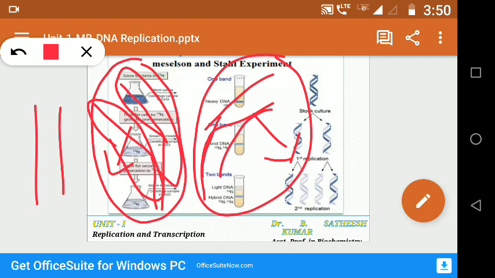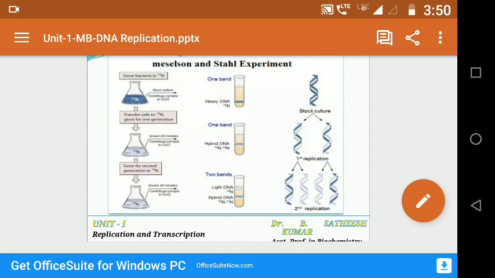So there is an enzyme essential for the DNA replication, that is DNA polymerase. DNA polymerase is the principal enzyme which synthesizes a new strand on the old strand by following Watson-Crick base pairing rules. So that is the basic concept of DNA replication.